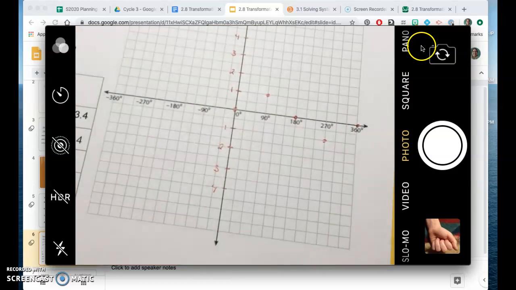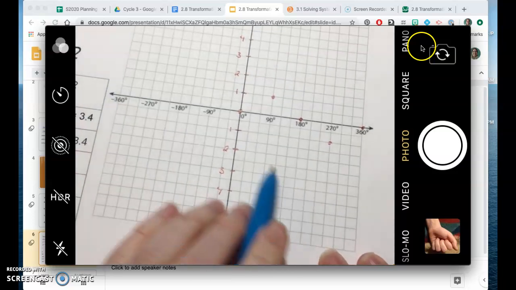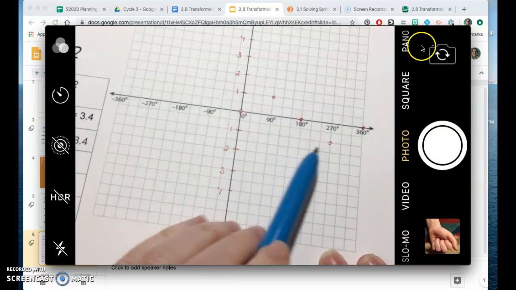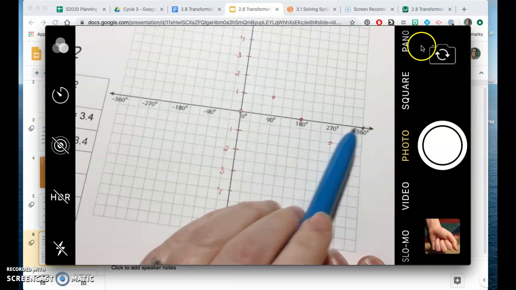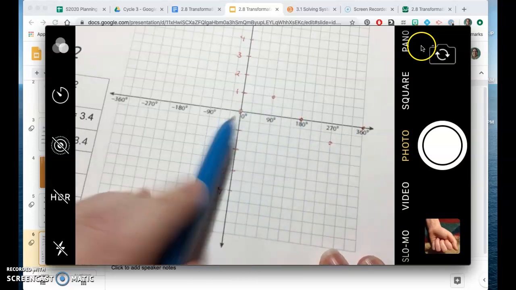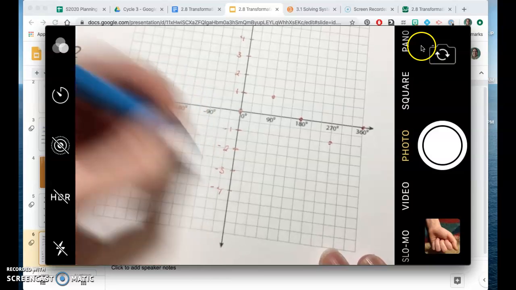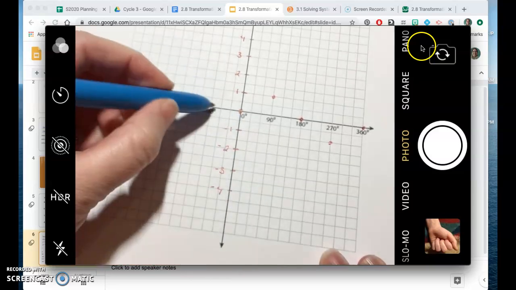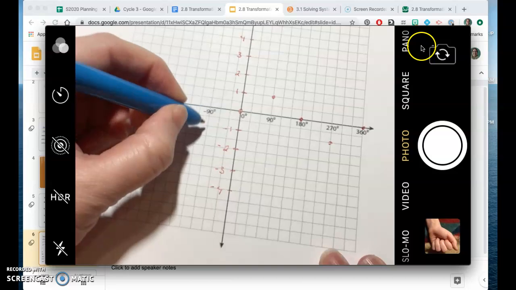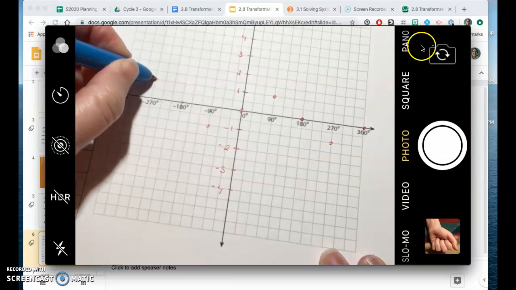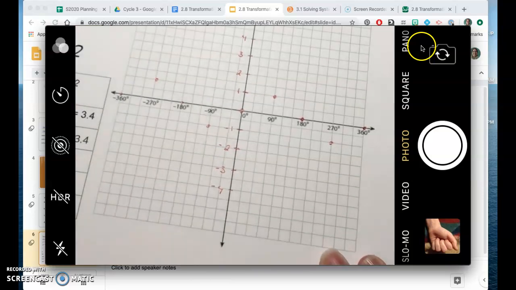Now, once you have 5 points, you can actually just start repeating the pattern to get a longer graph. So for example, I notice it goes 0, 1, 0, -1, 0, and it kind of goes back and forth. So here I know at -90 it's going to go down to -1, -180 is going to be 0, -270 is going to be +1, and -360 is going to be 0.